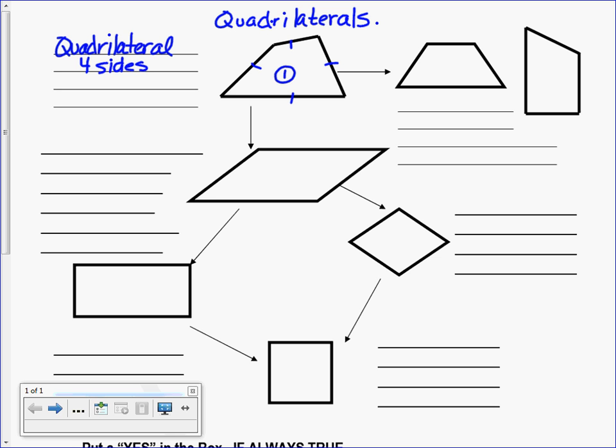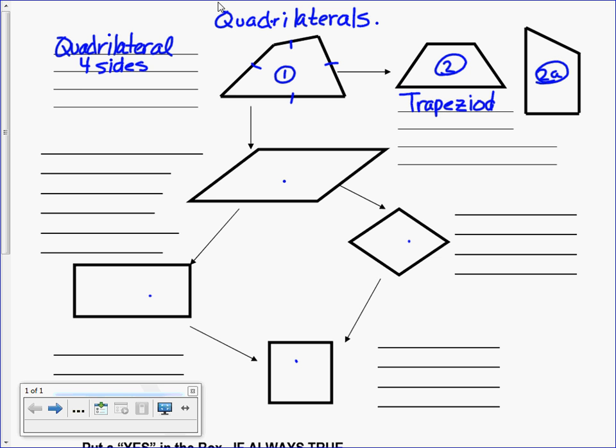Now quadrilateral number 2, and I'll say that this is 2A, because they're essentially the same thing. They're what we call a trapezoid. A trapezoid is kind of like the strange cousin of the quadrilaterals. It's not like the other 4 that you see down here.